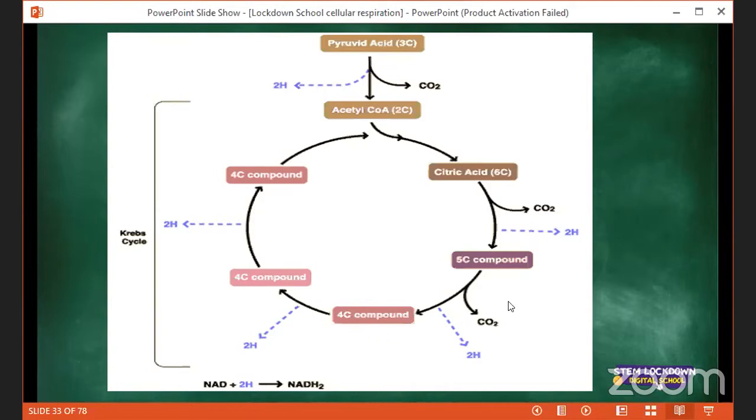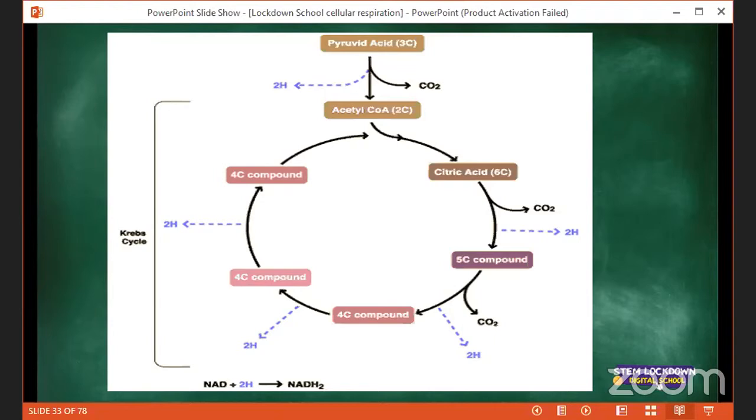Then your 5C compound goes to your 4C compound, and we have the release of carbon dioxide and 2 H's, which is your hydrogen, and it turns to the next compound there, which is also a 4C compound, and we have the release of 2 hydrogen atoms, and so on and so forth. So this is just basically a series of cyclic reactions.